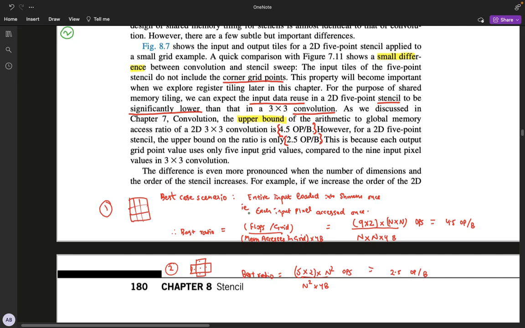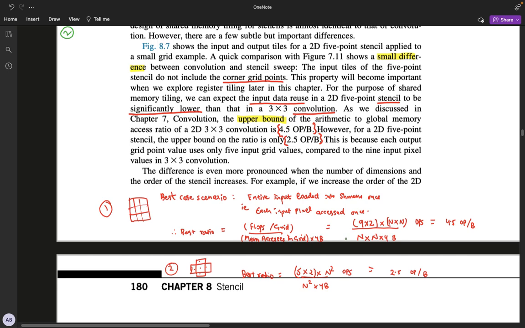So in this case, the best ratio would be flops per thread divided by memory accesses per thread times 4 bytes, or at the grid scale it would be flops per grid divided by memory accesses in the grid times 4 bytes. We could do it on a per thread basis also, but the memory access per thread would be amortized. So instead of that, let's do a per grid analysis.